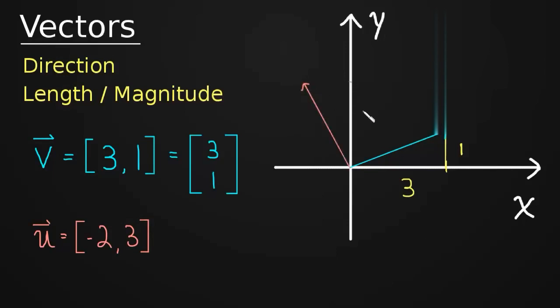So this would be 3 in y and -2 in the x direction. And there's our vector. Nothing to it. And of course, we could have written this as a column vector, -2, 3, if we wanted to.